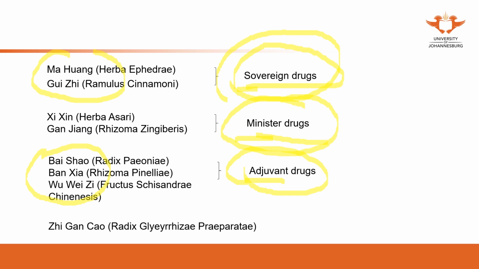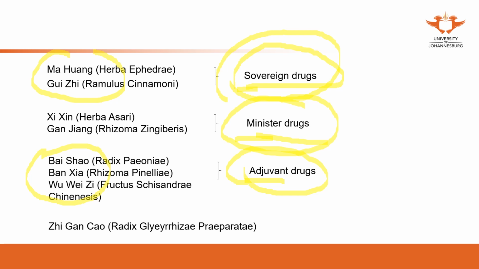For this situation, because the main cause is still the wind cold attack from the exogenous pathogens, we can use 麻黄 and 桂枝 as the sovereign drugs. We use 杏仁 to relieve the coughing.